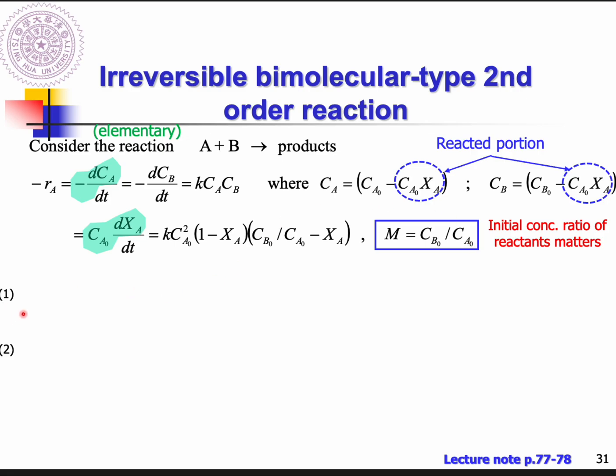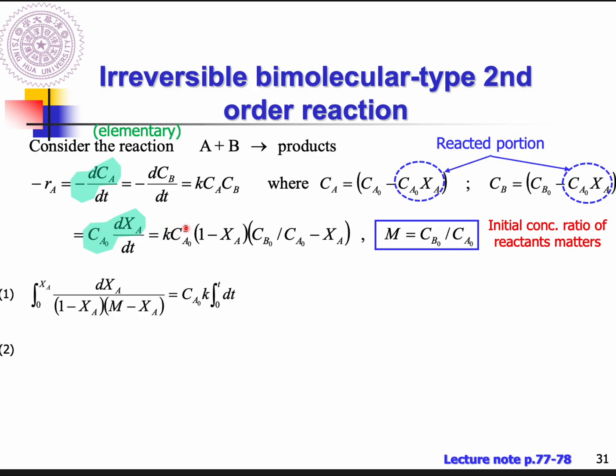If M is not equal to 1, you need to move this term to the left-hand side and dt to the right-hand side and integrate both sides.